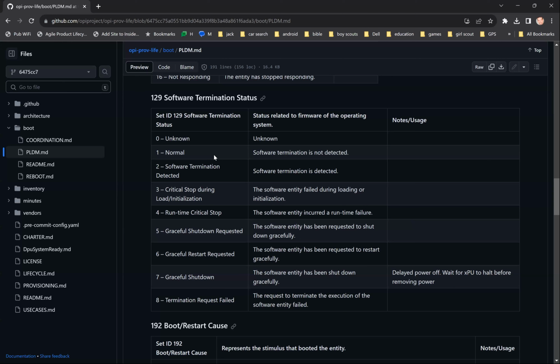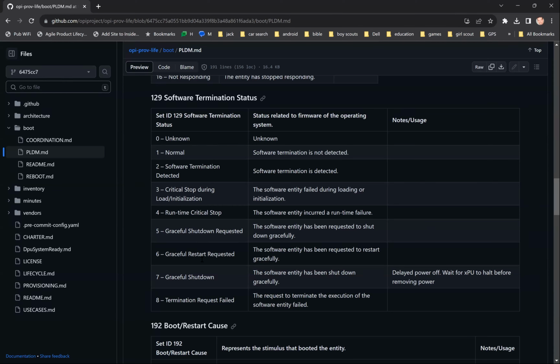What does that mean? The way I read this, and I wasn't part of the committee that came up with the spec, to me, when the software is not terminating, it's in the normal termination step. So let's say I send a signal over to a process, then it starts terminating, or it crashed and there's a critical stop.